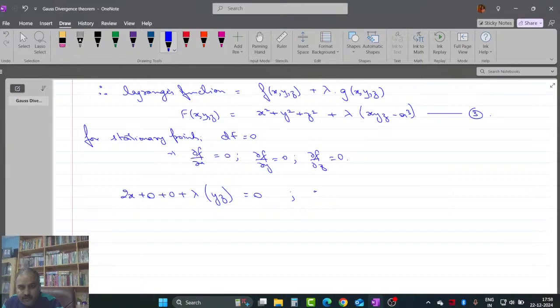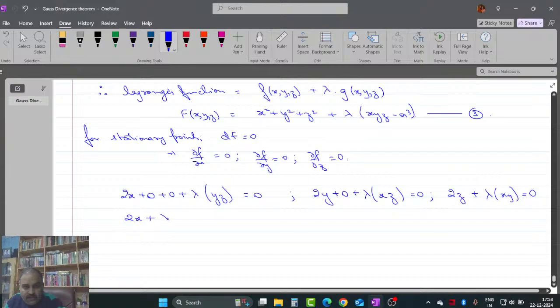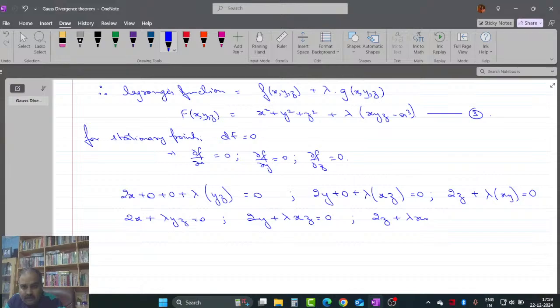Now curly f by curly y, that means 2y plus 0 plus lambda times xz is equal to 0, and the third one, z square will be 2z plus lambda times xy is equal to 0. So 2x plus lambda yz equal to 0, 2y plus lambda xz equal to 0, and 2z plus lambda times xy is equal to 0. These are the three equations.